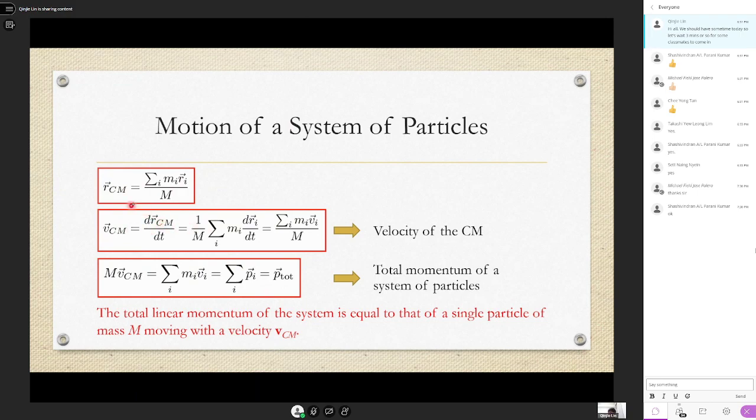Then this R, we can write in terms of this. So we substitute this inside here, and then take out a capital M, and it will look like this. So the velocity of the CM will be the summation of m v for each particle divided by the total mass. Then if you move this capital M over to the left side, you get M v_cm equals the summation of m_i v_i.